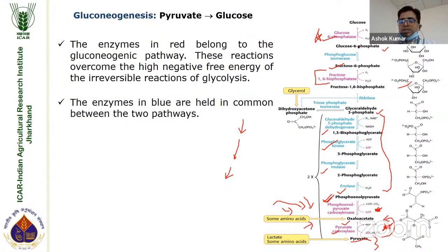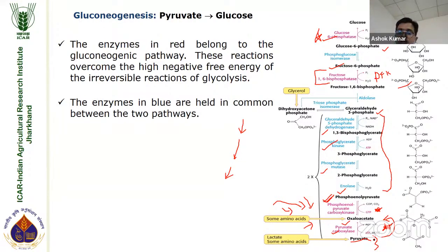With 4 unique enzymes, you have pyruvate carboxylase, and that also you can easily remember if you know the irreversible reactions. There you had HK, hexokinase, so in its place you have glucose 6 phosphatase. In glycolysis you have PFK, phosphofructokinase, so instead you have fructose 1,6 bisphosphatase.